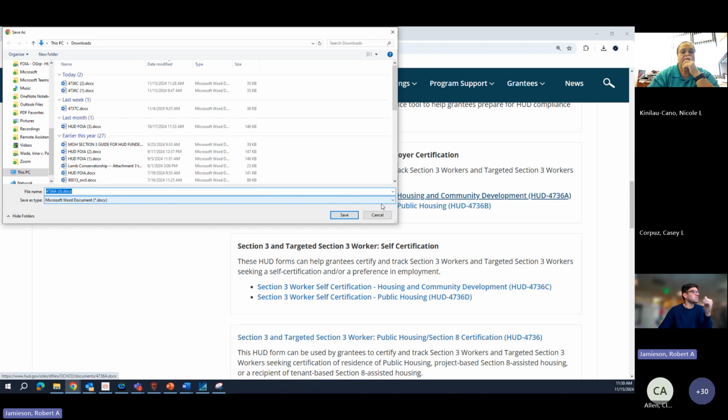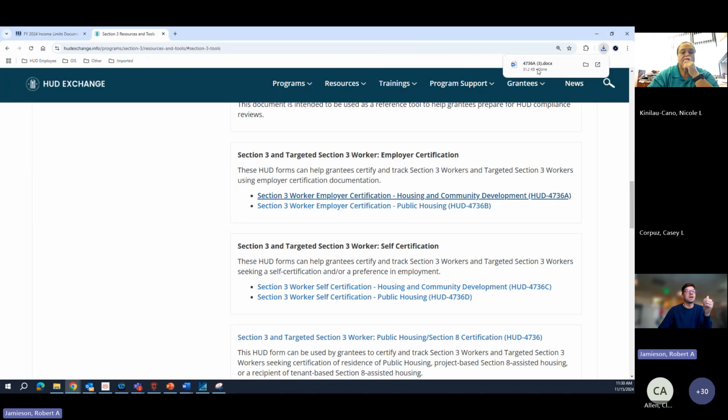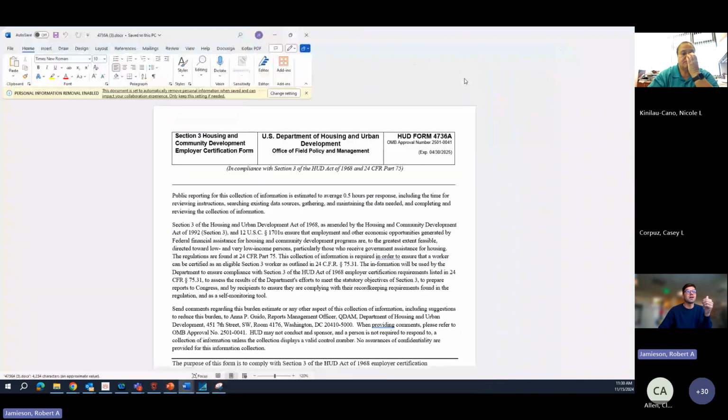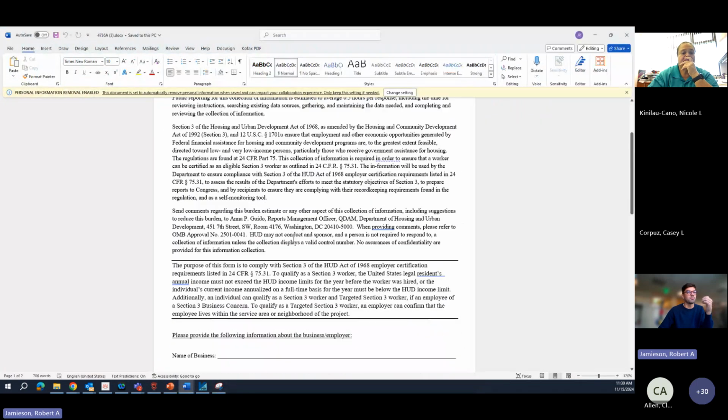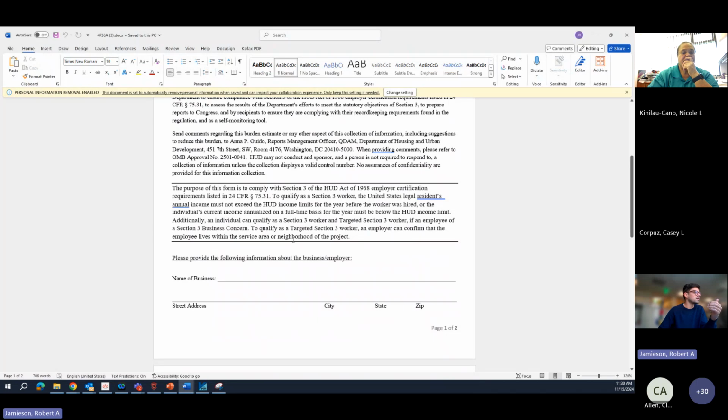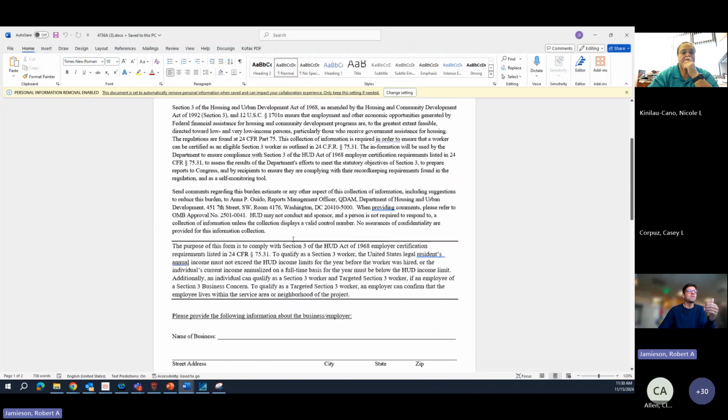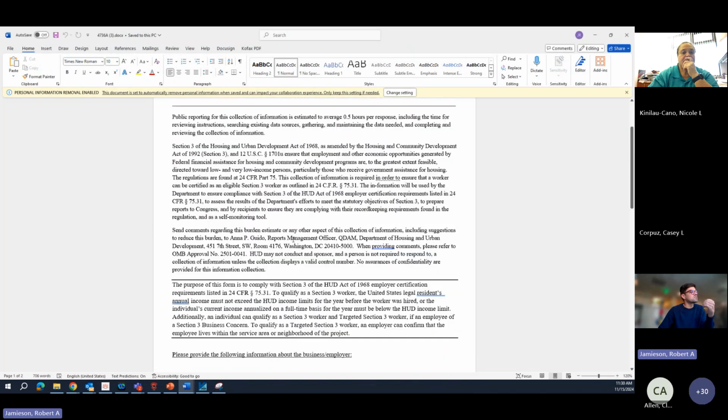Second option, which is why it's really important that GCs and subs are very aware of this definition and the requirements, and potential benefits for future contracting: if they can prove they consistently comply with Section 3, the employer can certify on the worker's behalf.